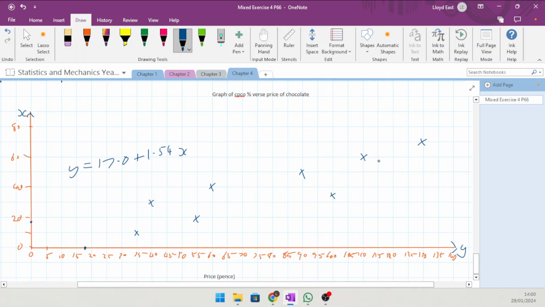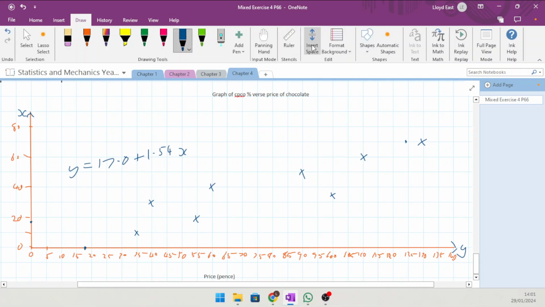And we'll do it for an x of 70. So let's just do 70 times 1.54, which is 107, plus the 17 from the equation, gives us 124.8. So we're expecting 124.8, basically about there on it.